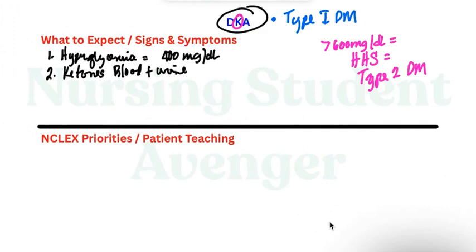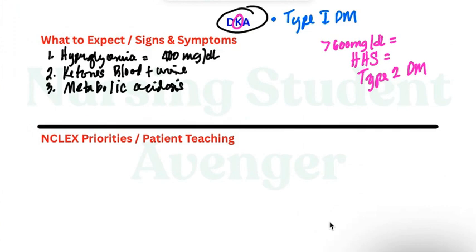The other significant thing about DKA is the ABG imbalance, and you guessed it right, it's going to be metabolic acidosis. Not metabolic alkalosis, not respiratory acidosis, but metabolic acidosis.